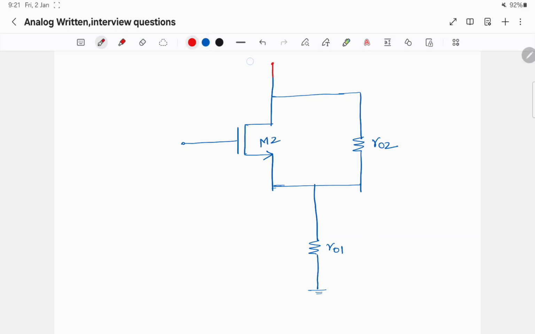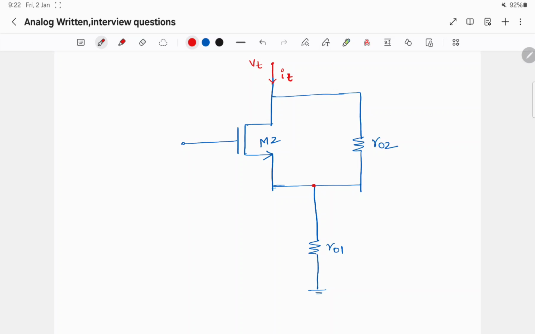Let us say this node potential is VT and the current flowing is IT. I won't apply any KCL or KVL. I'll just find the node voltages and branch currents in each resistor and MOSFET.